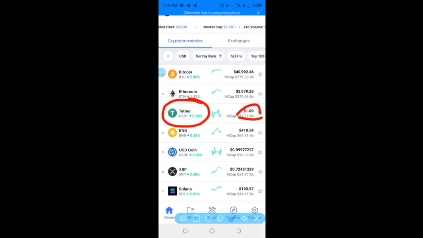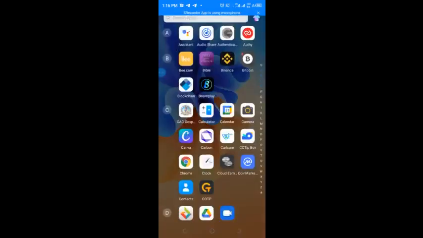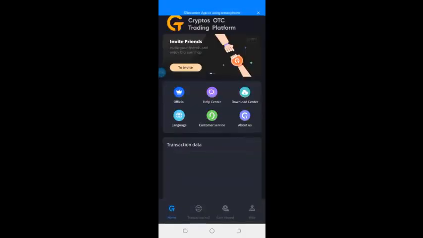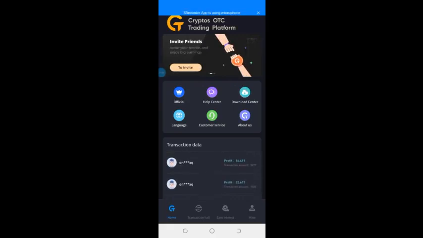All right, so what platform are you going to earn this USDT on that I've been talking about? The name of the platform is COTP. COTP is a crypto over-the-counter platform. What it simply means is that it is a cryptocurrency arbitrage platform whereby USDT is being traded.